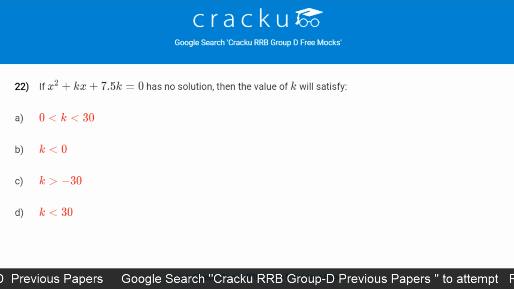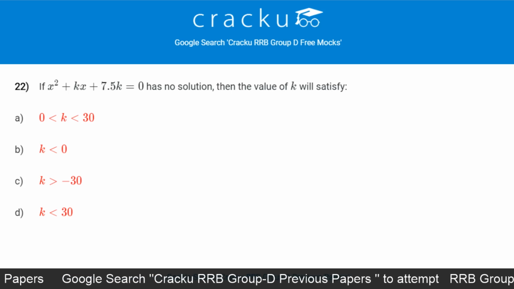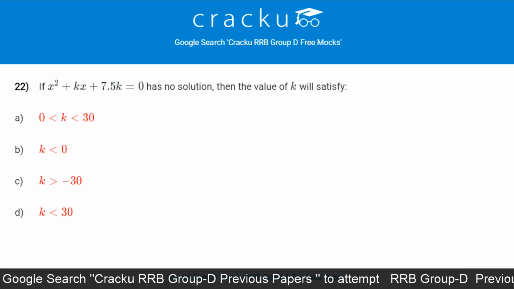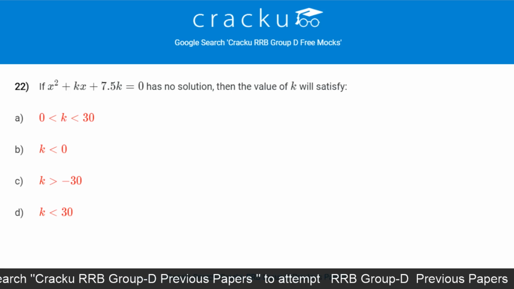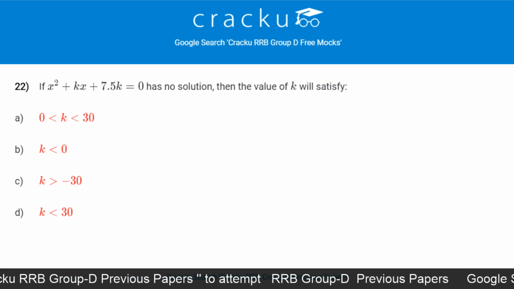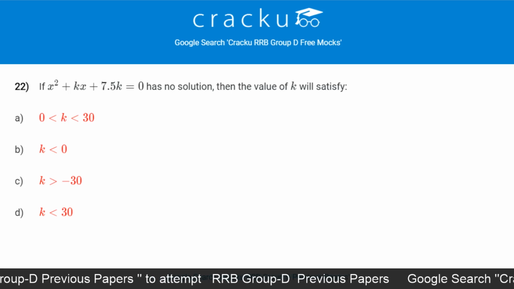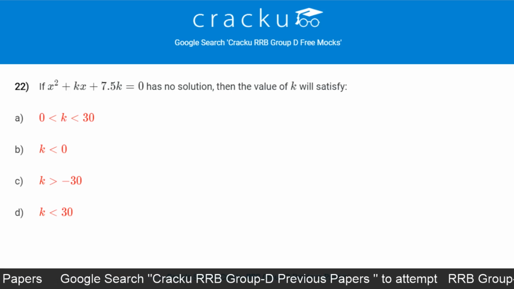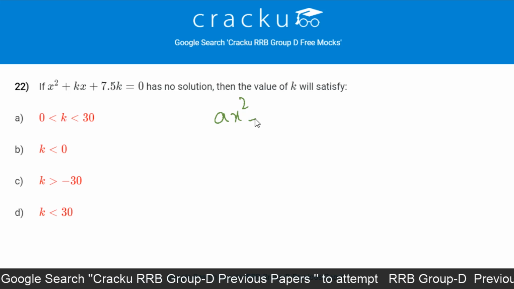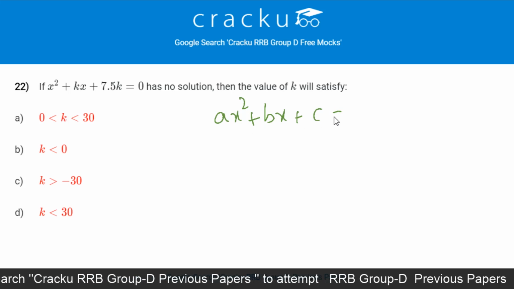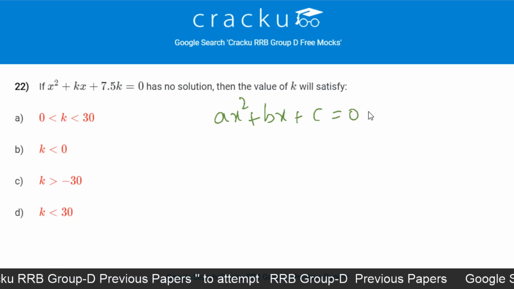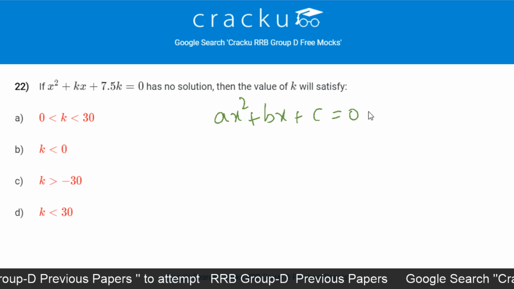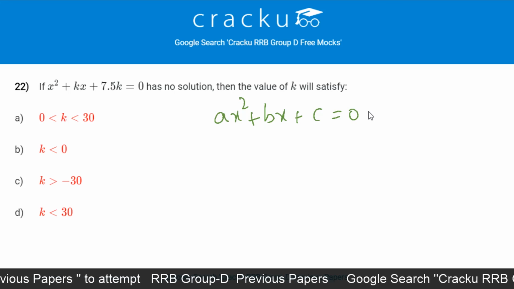Next question, that is the last question for the day. If x square plus kx plus 7.5k is equal to 0 has no solution, then the value of k will satisfy. For any quadratic equation ax square plus bx plus c is equal to 0, we know the discriminant, right? So what is the discriminant?